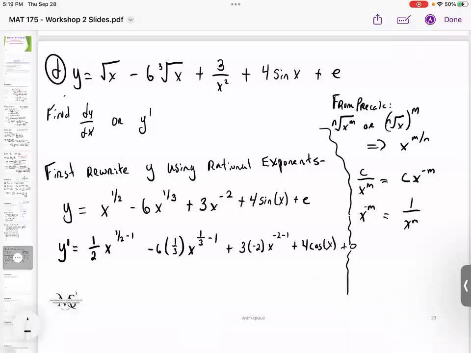Does anybody know what's 1/2 minus 1? Not 0. 1/2 minus 1. It's a fraction. It's 1/2. But is my 1/2 going to be positive or negative?